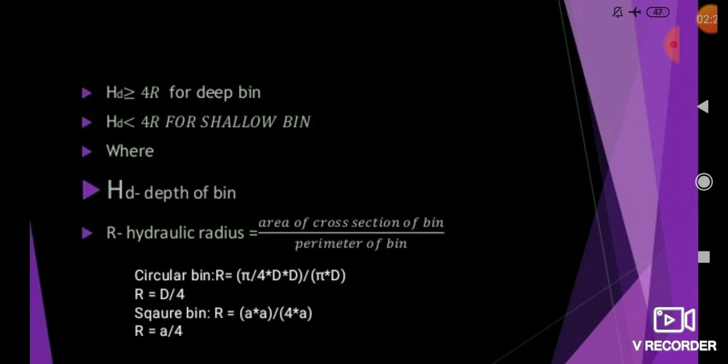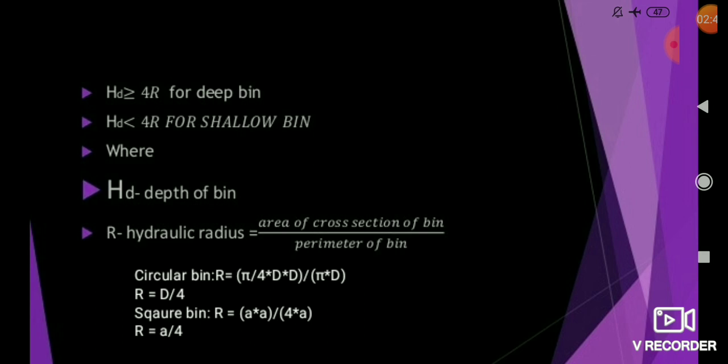Friends, you see here that HD is greater than 4R, and you remember that friends, R is not the simple radius of bean. I think all of you have studied about hydraulic radius and normal radius. I have written here the definition of hydraulic radius, that is the cross-sectional area of bean divided by perimeter of bean.